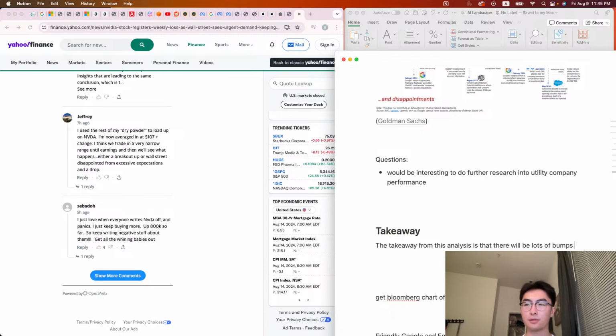Lots of bumps in the road for these hyperscale and big tech companies, because of the massive projected spend on infrastructure.